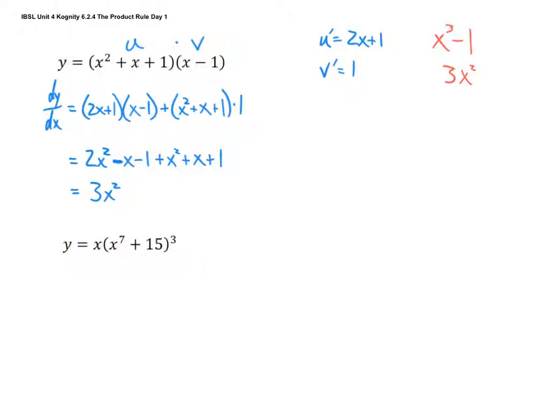Unless I specifically told you to use the product rule, but the reality is here, guys, that's the beauty of all this. A lot of these have more than one way that you could actually find the derivative. Some of them there is only one way. But in this case, yeah, you could multiply it together if you recognize that as the difference of cubes formula, for x cubed minus 1, and do it a little bit faster.